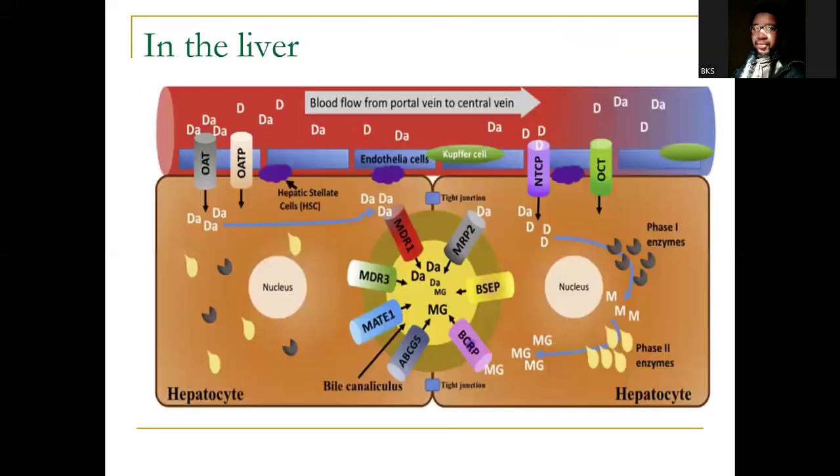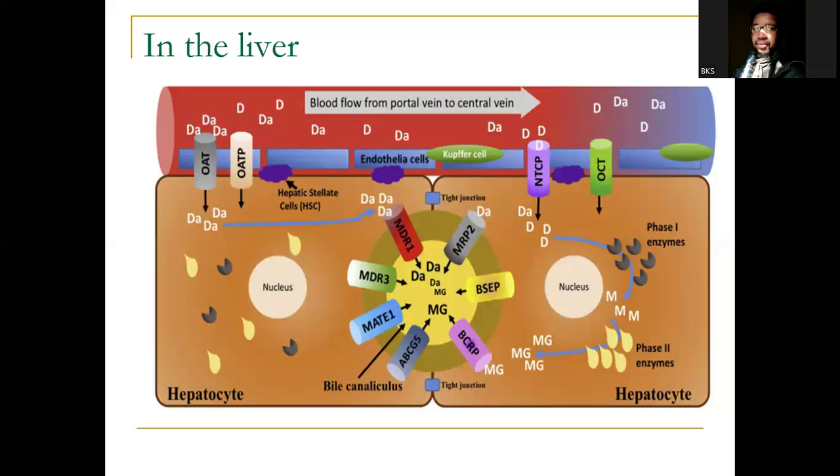Now, we gave a lot of examples of this in the liver. We talked about quite a number of transporters like organic anion transporters, organic anion transporting polypeptide, the sodium taurocholic acid co-transporting polypeptide, and organic cation transporters, all involved in the transportation of these substances from the blood circulation, the portal vein that came from the intestine, and they can facilitate the uptake into the liver.